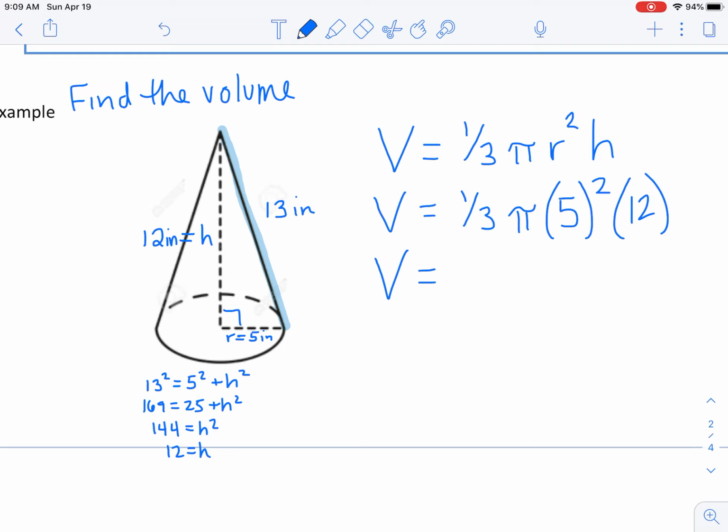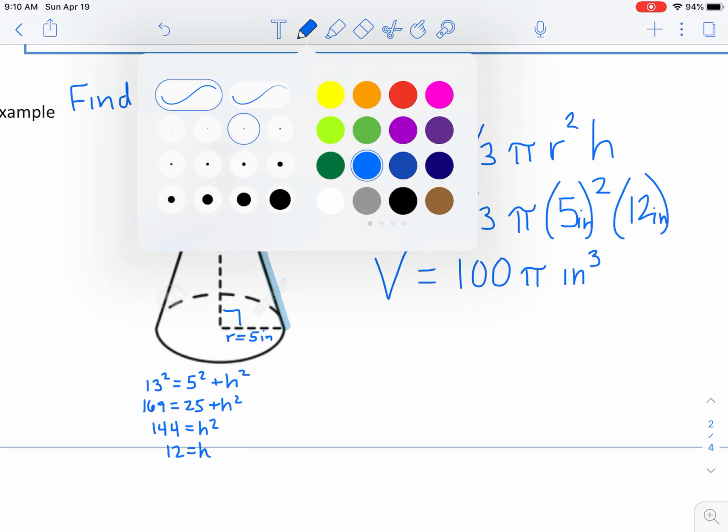So, if I multiply this out, I'm just going to multiply all the numbers, 1/3 times 5 squared, 25, times 12, I get 100 pi inches cubed, because I should have written the units in here.